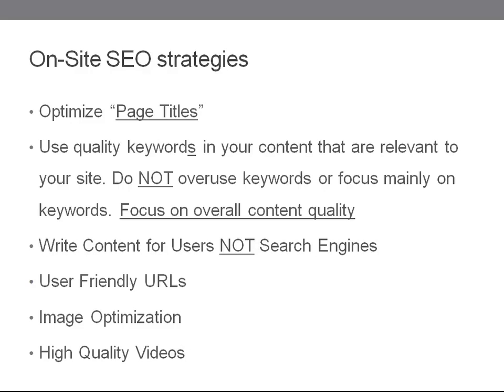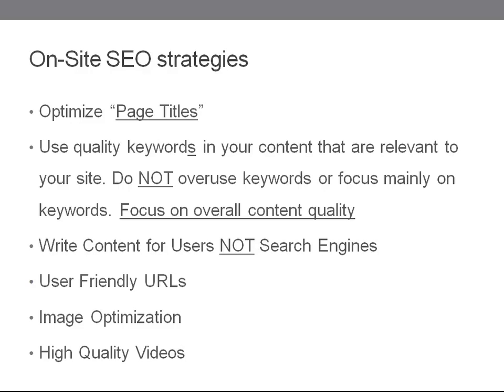You want to use quality keywords all around your site that are relevant to your site. Now this can be kind of a double-edged sword because you want relevant keywords on your site in the content body or in the page title everywhere, but you don't want to overuse them. You don't want to stuff a page with 50 of the same keywords.